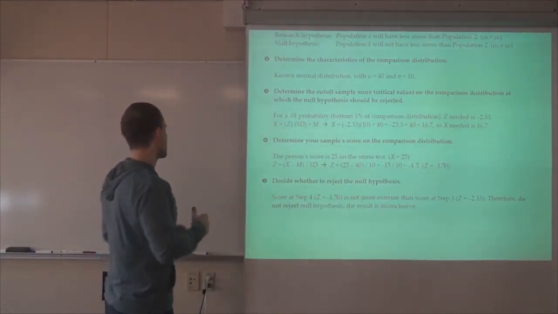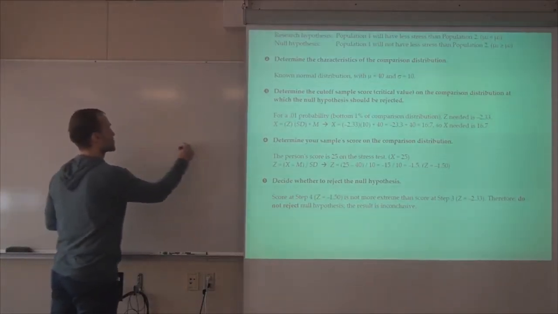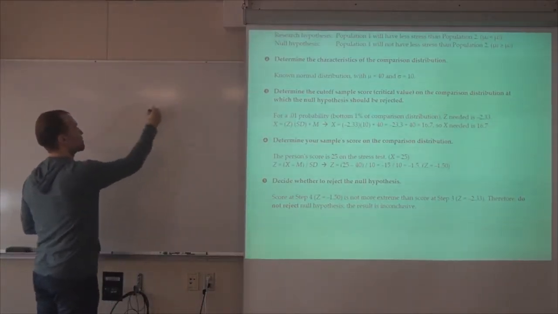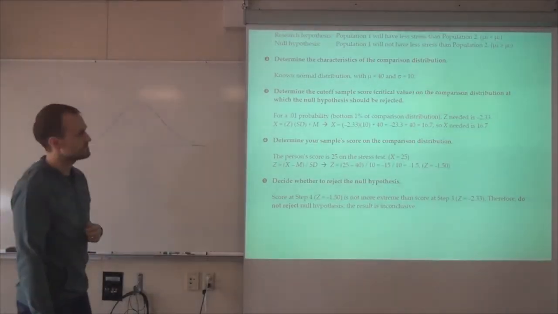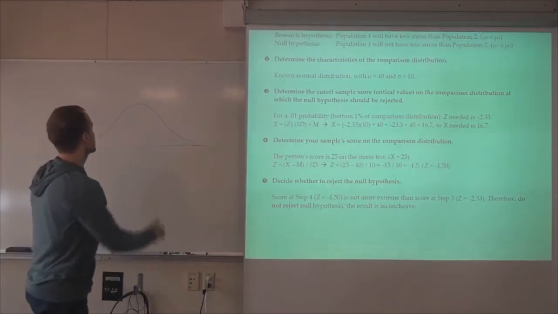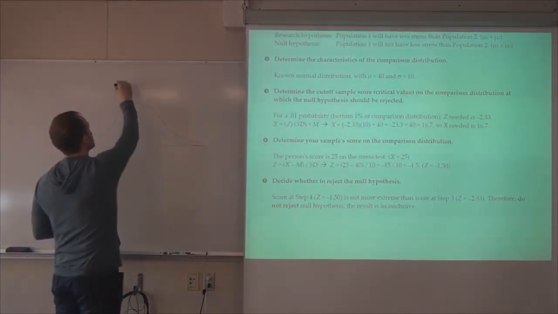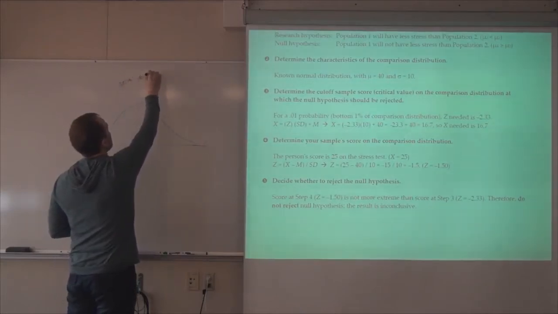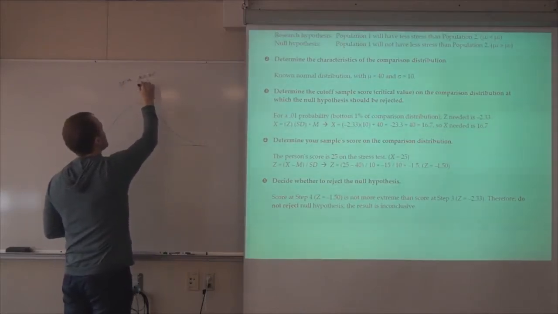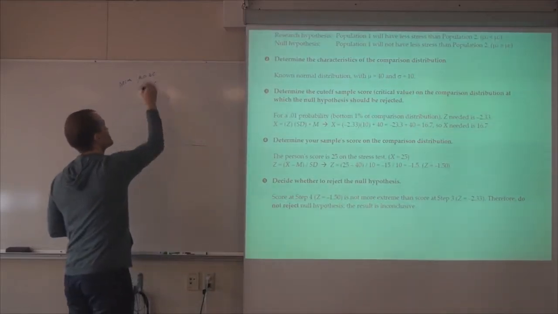So when I visualize what I'm going to do here, I have my normal curve, my bell curve, with a mean of 40 and standard deviation of 10.